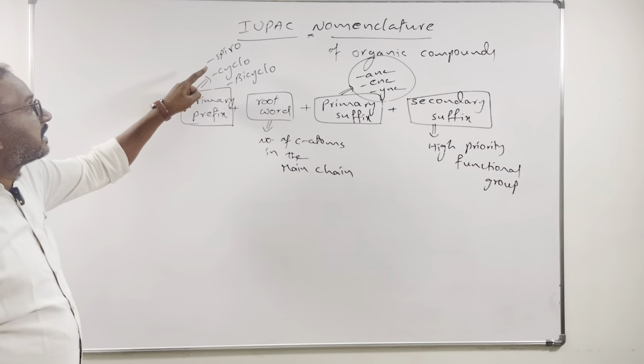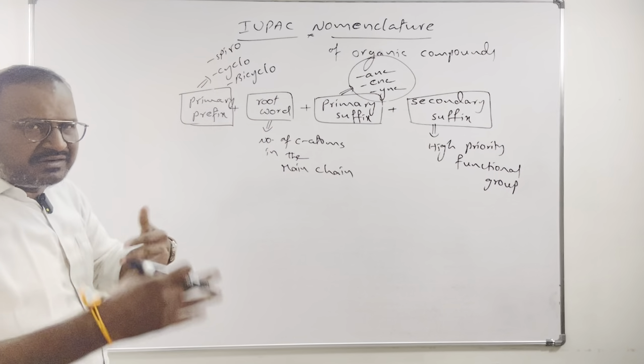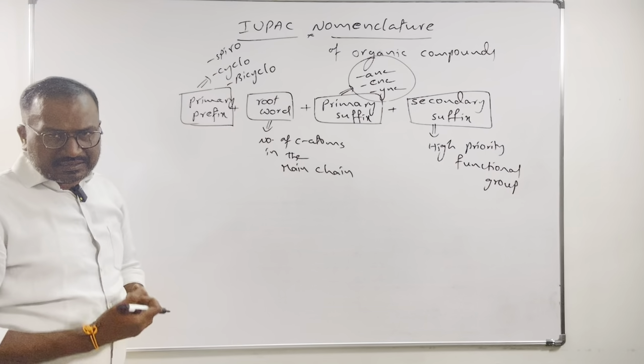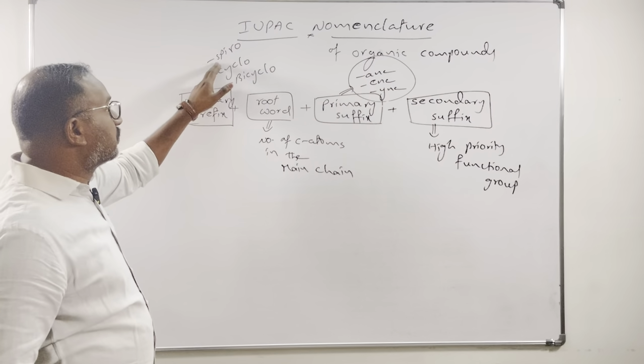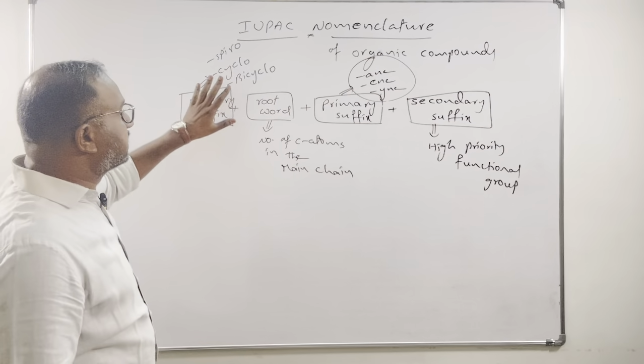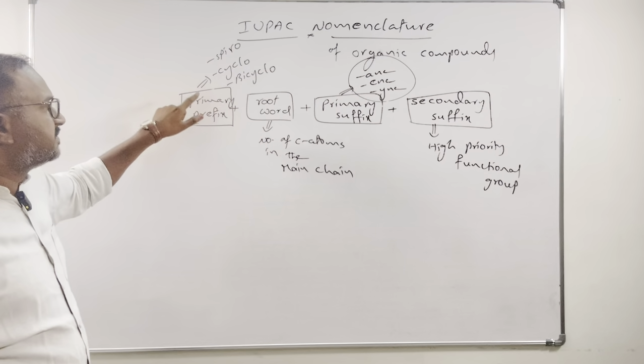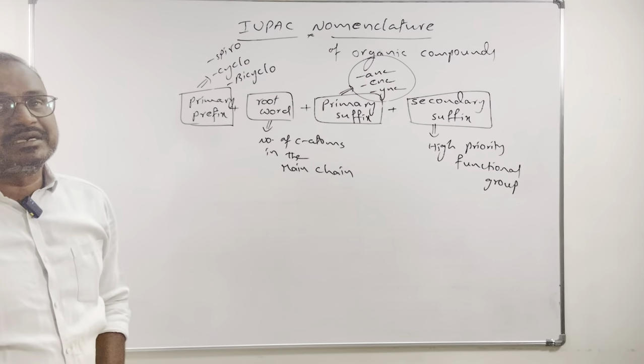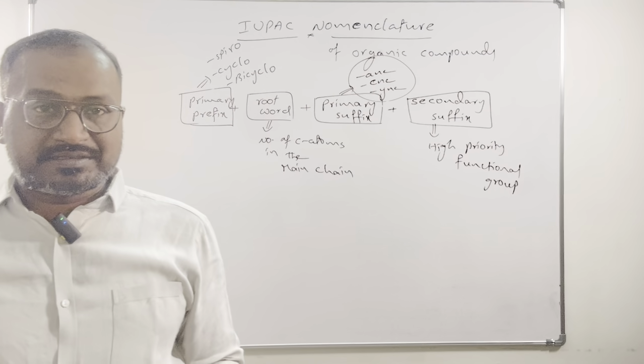If two rings are linked by one carbon atom, that is spiro. We will discuss spiro compounds and bicyclo compounds, with examples and their names, in a separate topic. For now, these three words come under primary prefix.